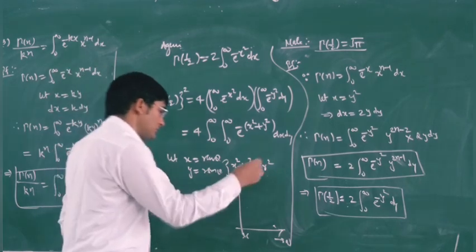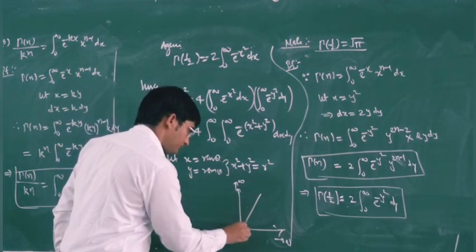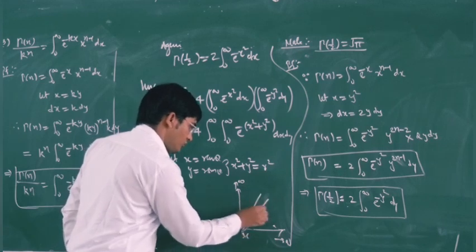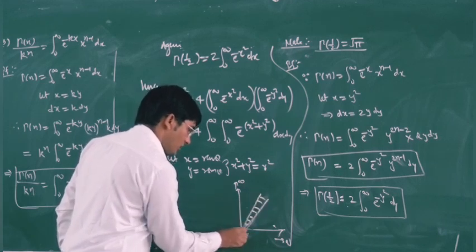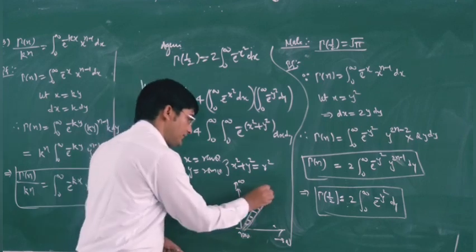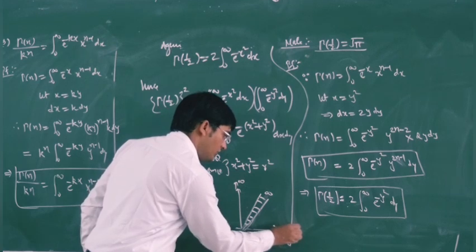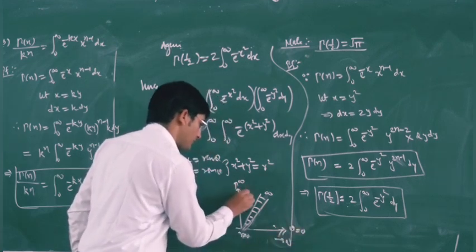Now if you change it to polar coordinates, let us take this strip. Here you can see that r will be 0 to infinity and theta will be from 0 to pi by 2.